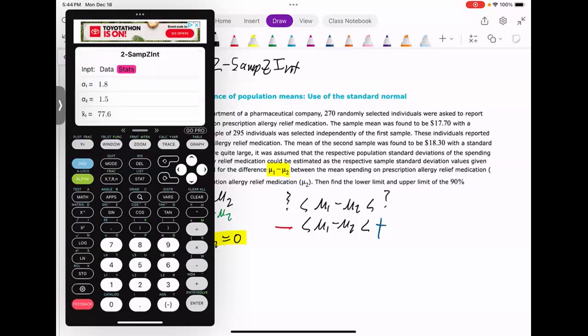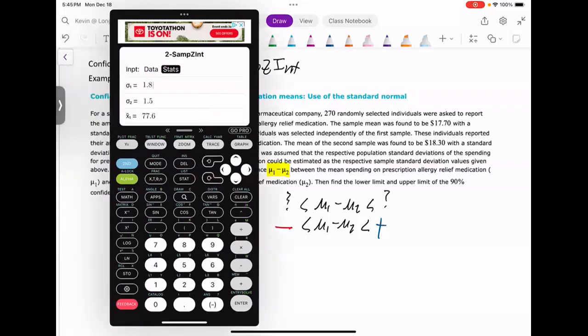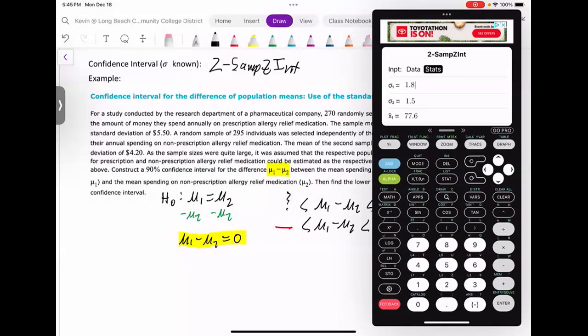But we are not going to be using raw data. And our sigmas are going to be $5.50 and our other one is $4.20, so 4.2.